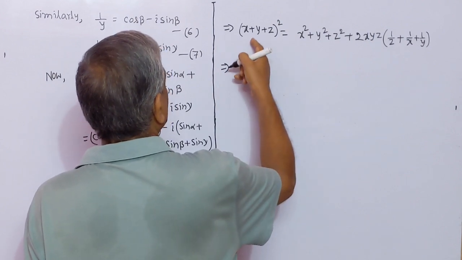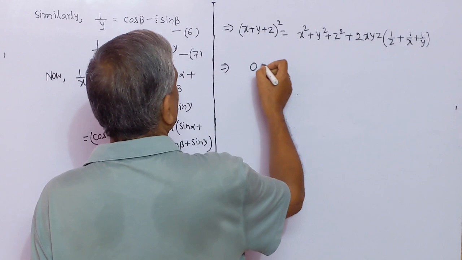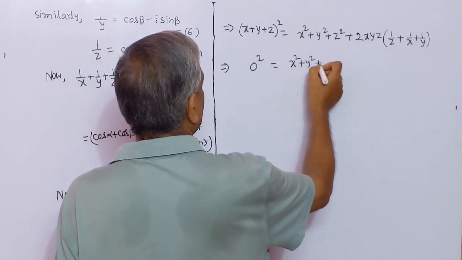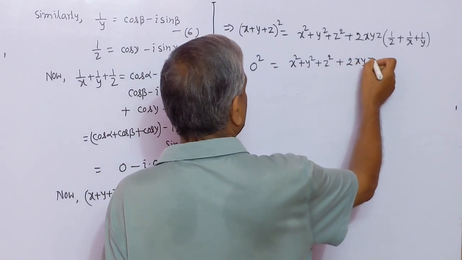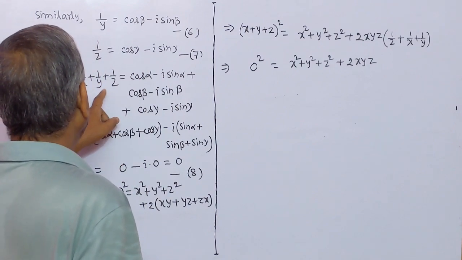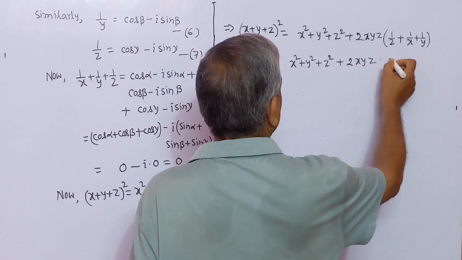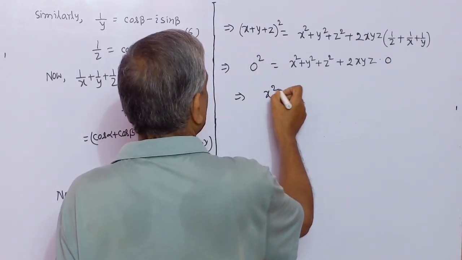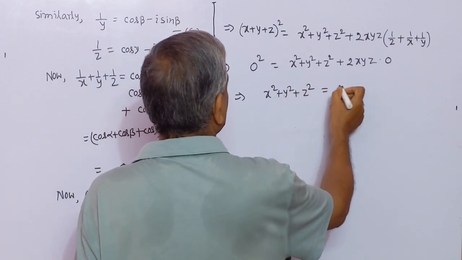Implies that since x plus y plus z equal to 0, 0 square equal to x square plus y square plus z square plus 2xyz times 1 by x plus 1 by y plus 1 by z equal to 0. So here 0 implies that x square plus y square plus z square equal to 0.